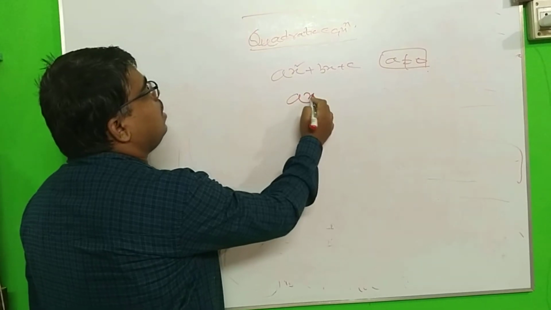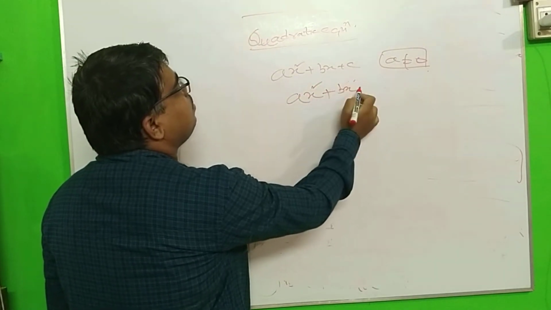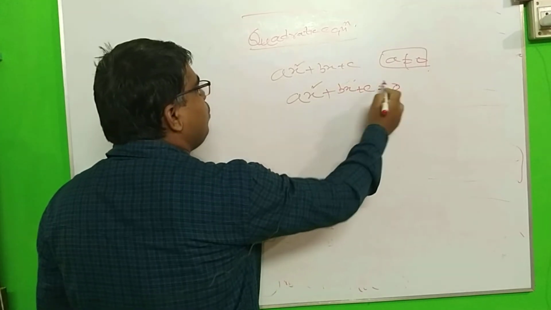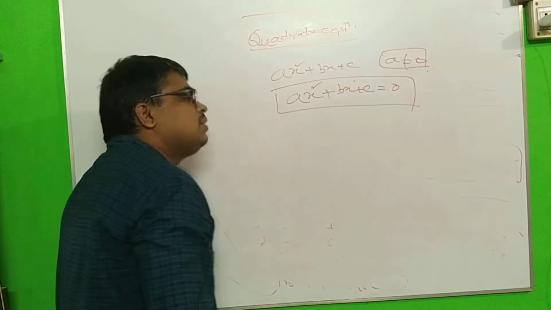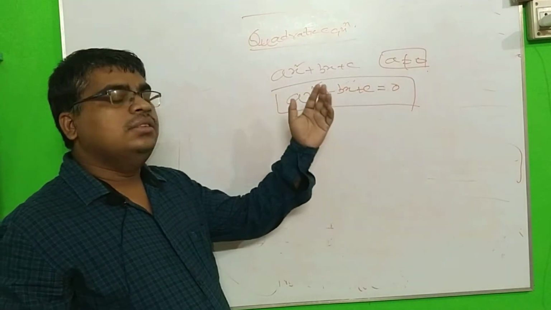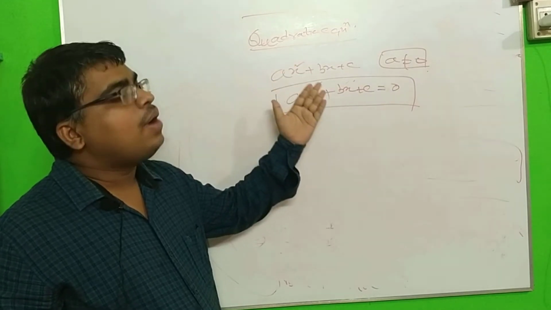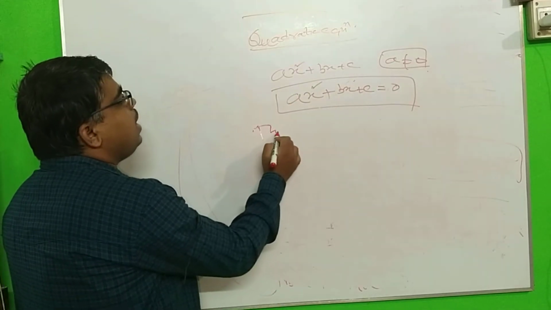That is, when the expression ax square plus bx plus c is equated with 0, then this represents an equation. This equation is known as quadratic equation.